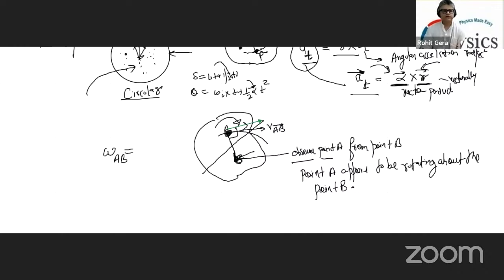And if you have to find the angular velocity of A with respect to B, it will be given by the velocity of A with respect to B upon L. And this is in the clockwise direction. So if you want to write it in a vector format, omega can also be written as a vector.